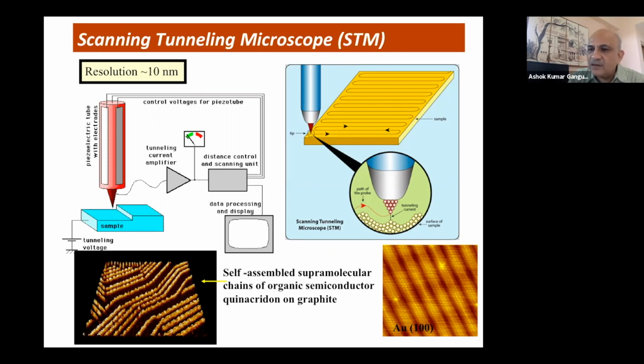And after that, using an algorithm, that tunneling current is converted into an image, which will tell you which atoms are where. So these are gold 100 plane studied using an STM. And this is basically the electronics of the tip and sample and how the feedback mechanism is working for the STM.